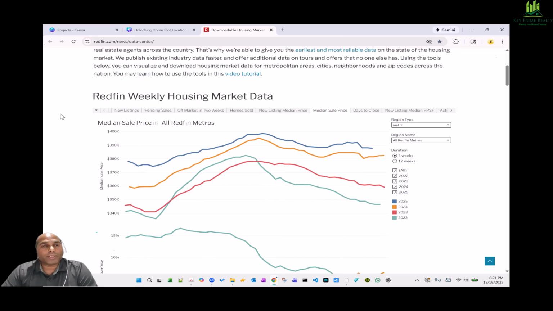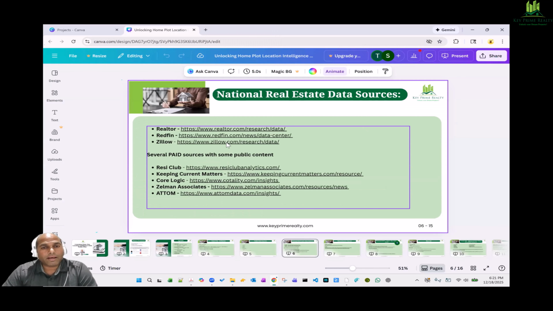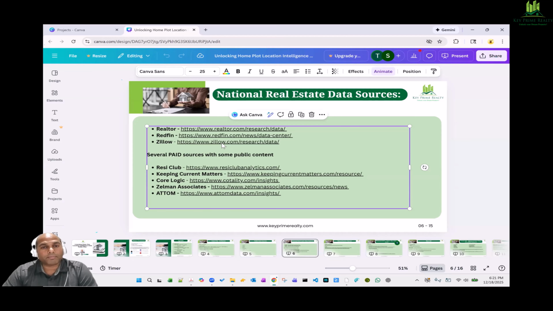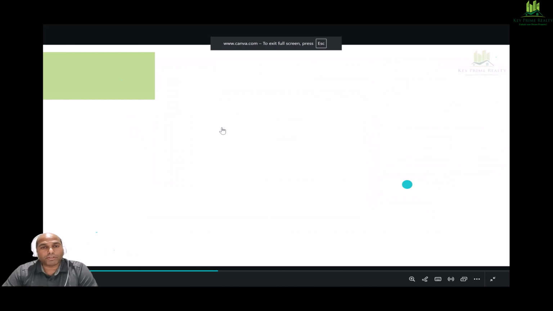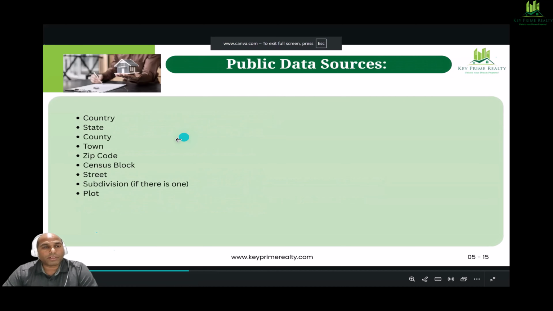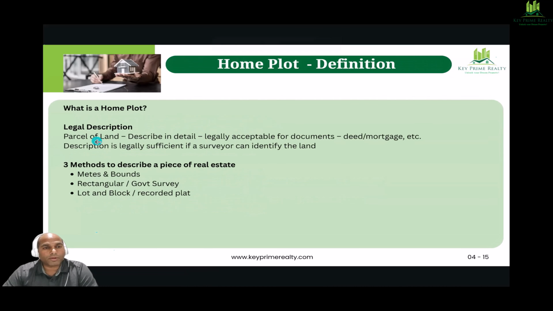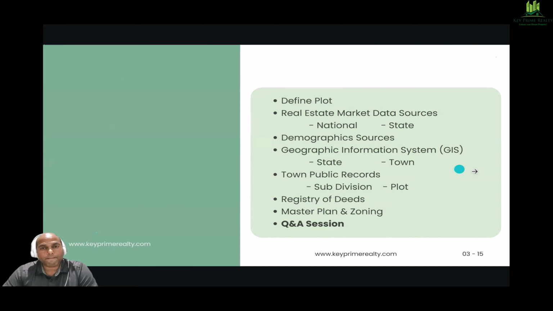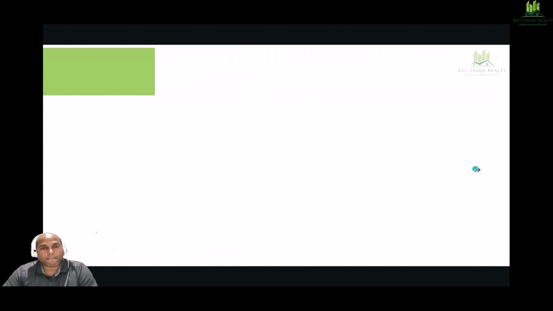Okay. So this is the Redfin data source through the visualization. I think this is pretty useful. Then Zillow has very good visualizations too. Let's quickly go through what Zillow has to offer.